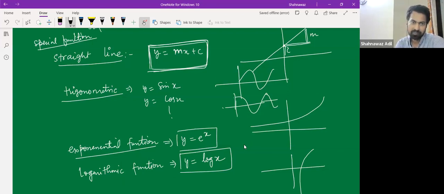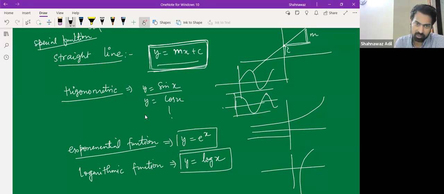In the function part, you learned about this graph. Did you learn about these special functions? Okay, just remember that these are the special functions.